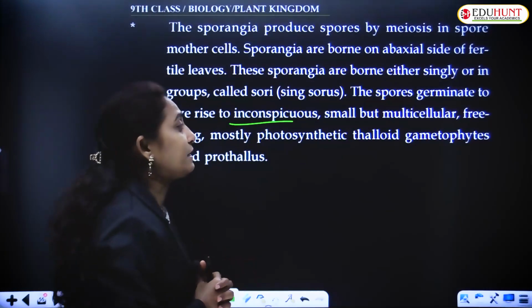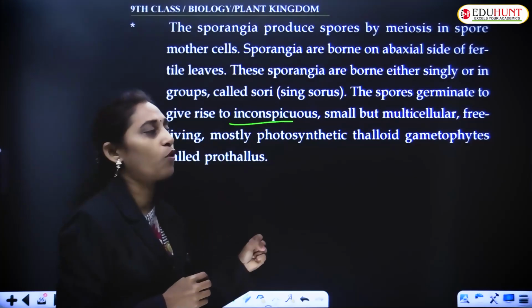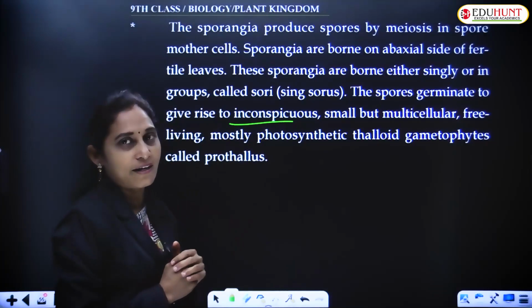inconspicuous small multicellular free living mostly photosynthetic thalloid gametophyte.